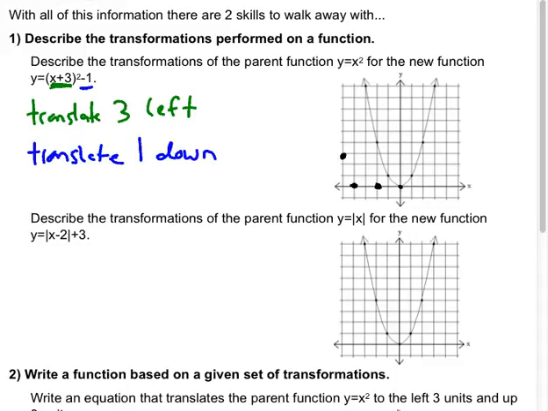Let's focus on that point. 3 left, 1 down. And this point right here. 3 left, 1 down. So I've taken every one of those points and shifted it. So now your new graph, this graph, would look like that. Okay, so you can actually shift graphs using these transformations.